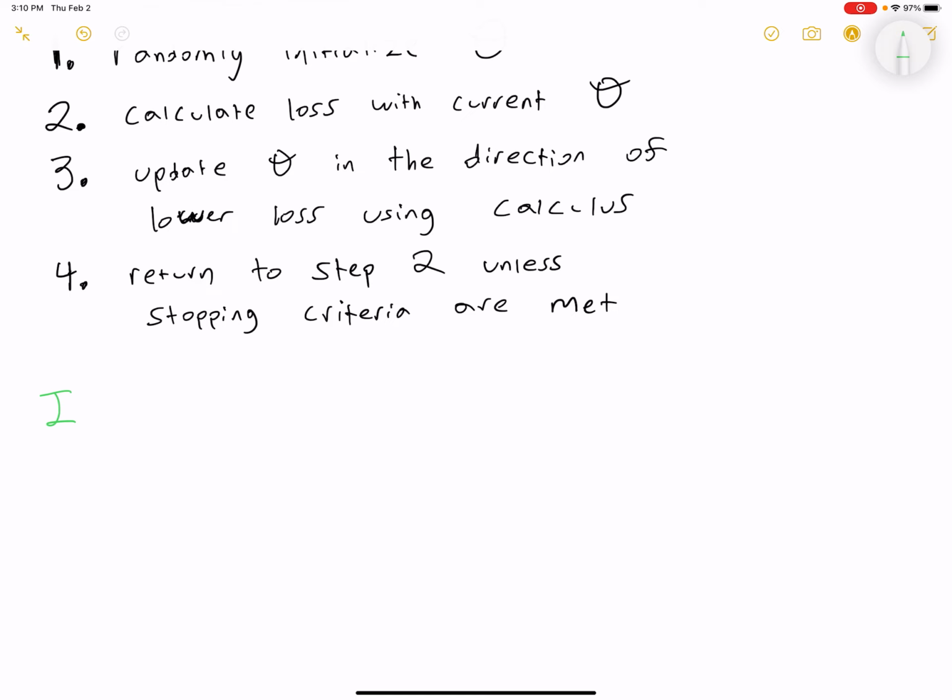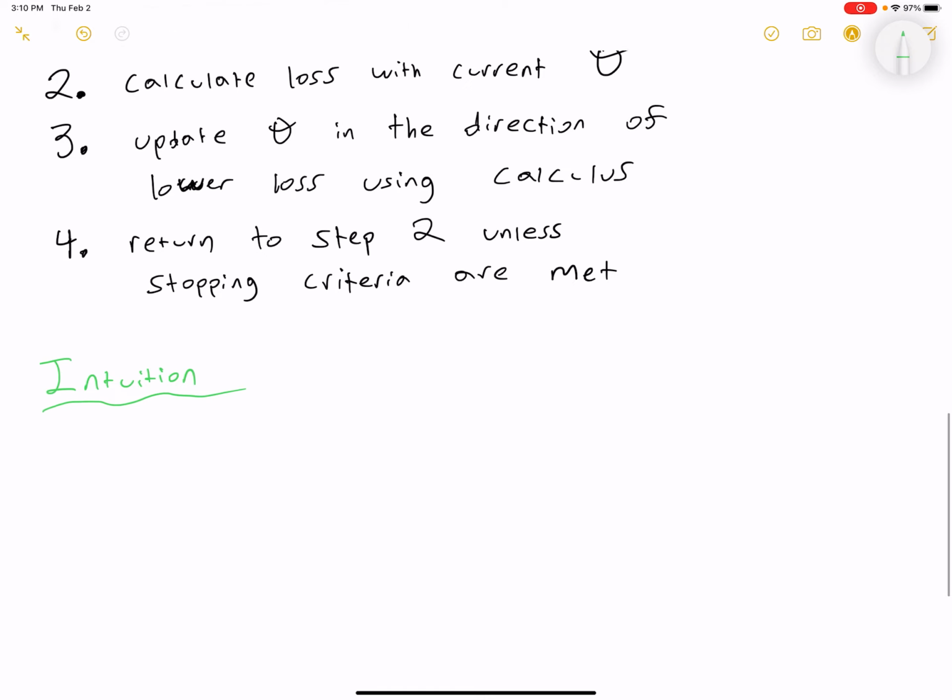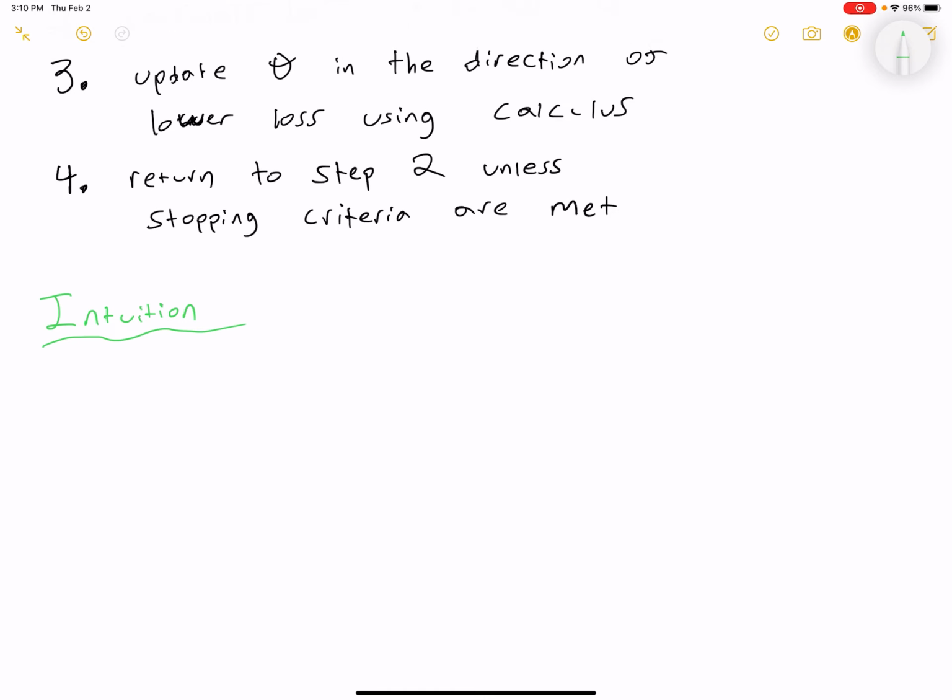So, digging into step 3, which is a little bit mysterious right now, using calculus, let's look at some intuition as to how this works. Let's call this intuition on step 3.